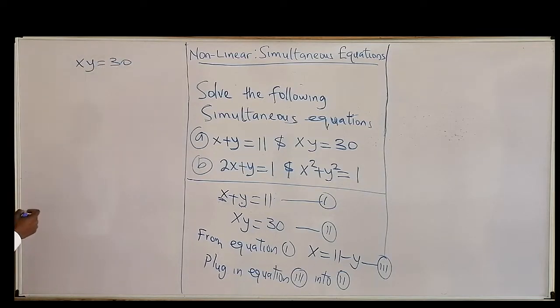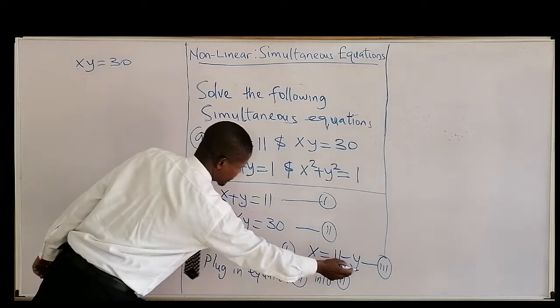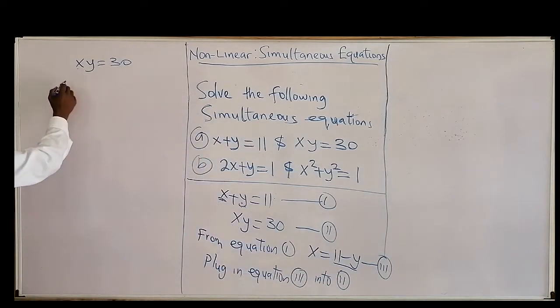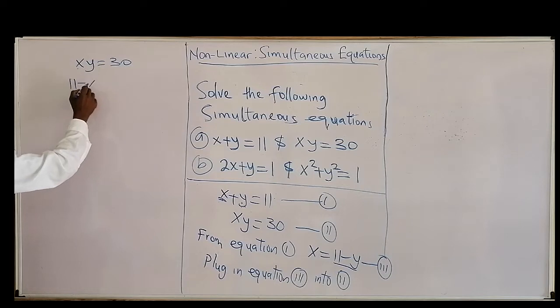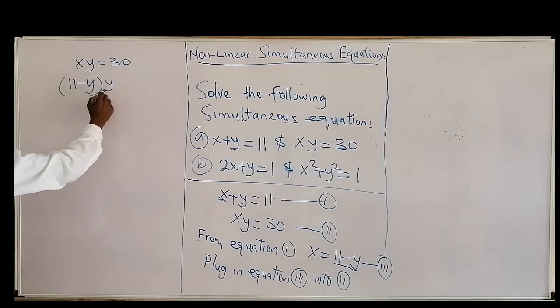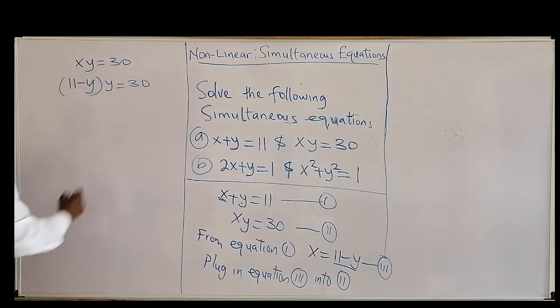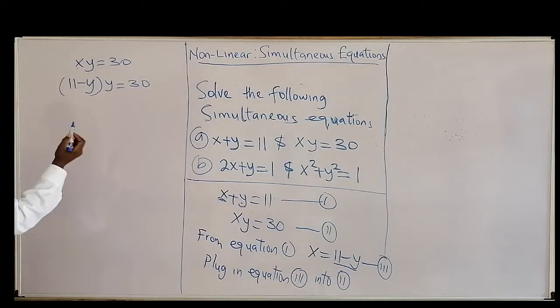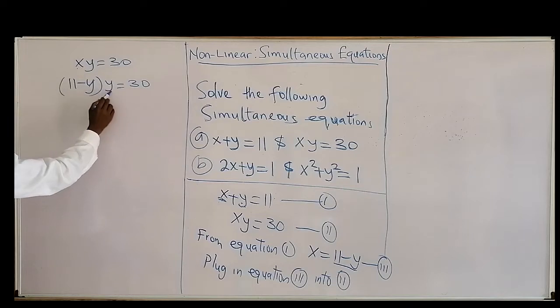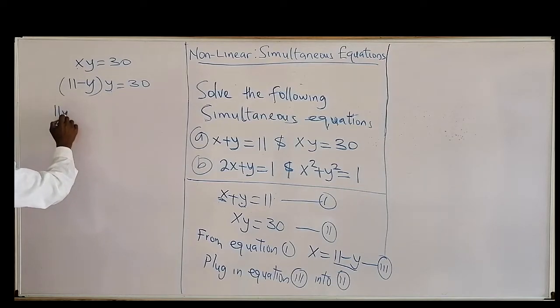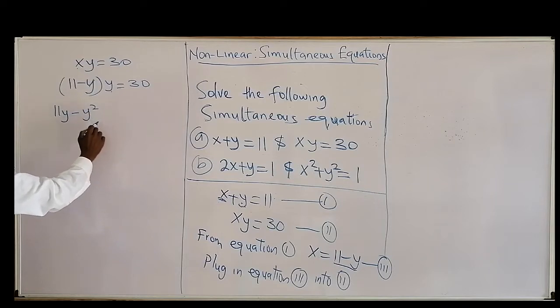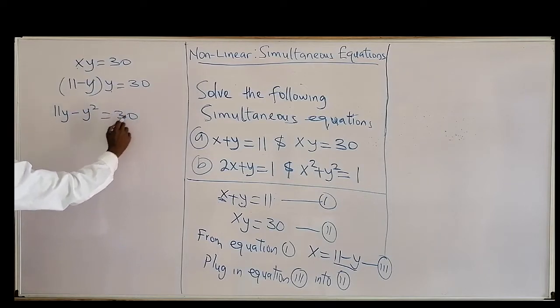Anywhere you see x, you put this expression there, 11 minus y, and that will be 11 minus y in bracket times y equal to 30. Then do the expansion: y times 11 is 11y, and y times y is y squared, equal to 30.